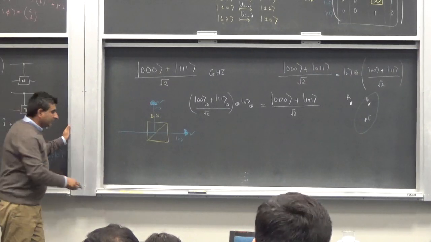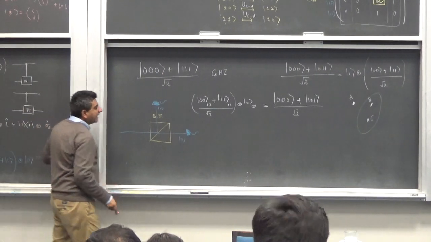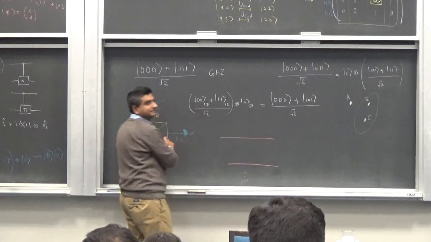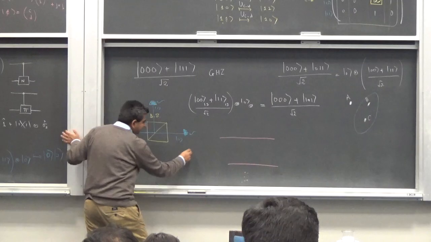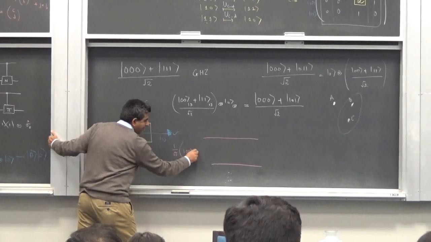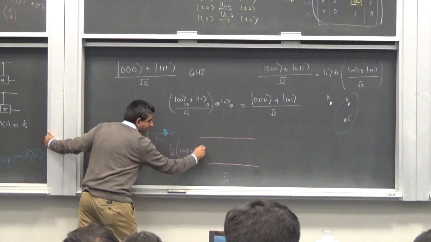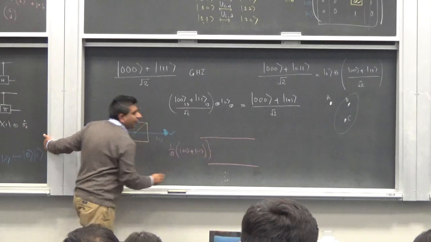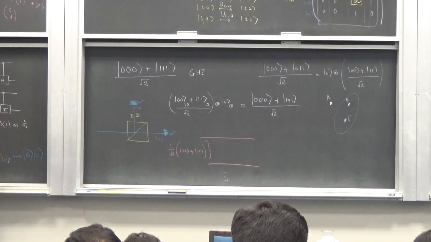Alright. Suppose I have 2 qubits coming in, and this is an entangled state, a Bell state. So a ghostly Bell state just comes into the 2 qubits.